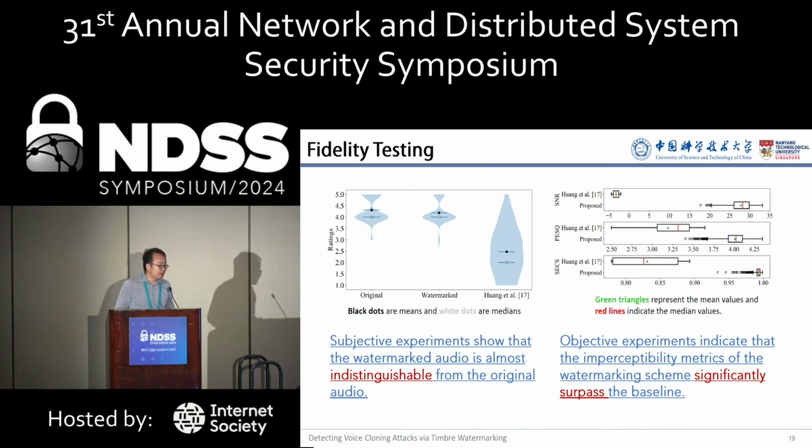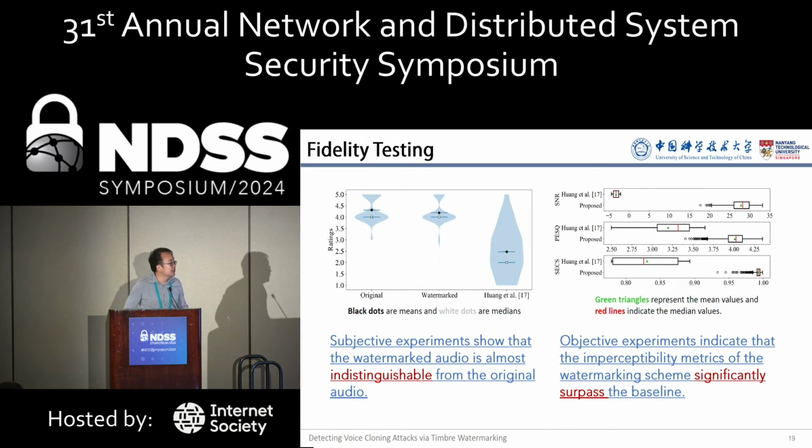First, we show the results of the fidelity testing. The left figure shows the subjective experiments, in which we involved 10 testers to rate and test the quality of the audios.